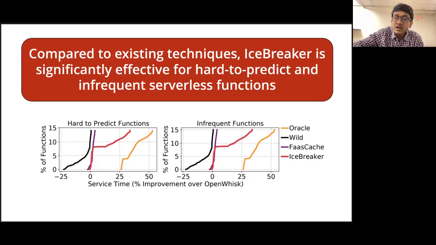Also, some functions are very infrequently invoked, making them also quite hard to predict. IceBreaker's benefit in reduction of keep-alive cost and service time is also more than the competing techniques in these two cases, all thanks to the intelligent placement decision maker and the function invocation predictor of IceBreaker.